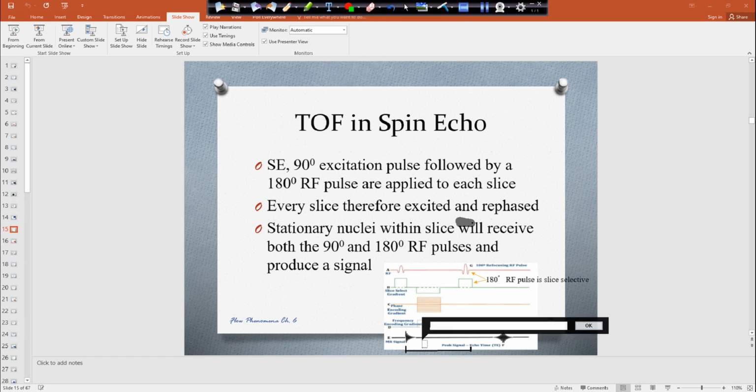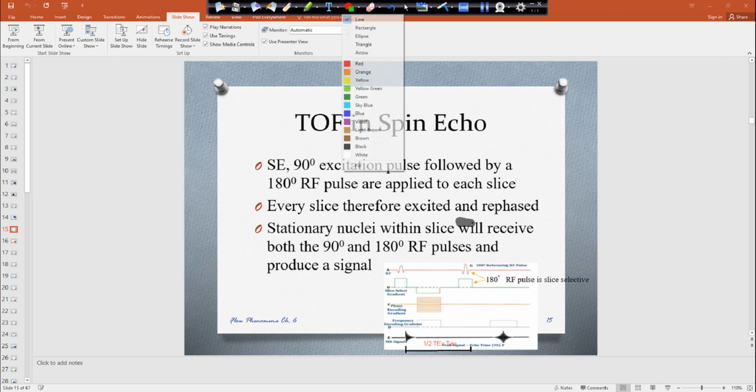So this is 1/2 TE, which equals tau. And then this should be equivalent from 180 to peak echo. This should actually be the same length because they're the same amount of time, but they just don't draw it in true representation.